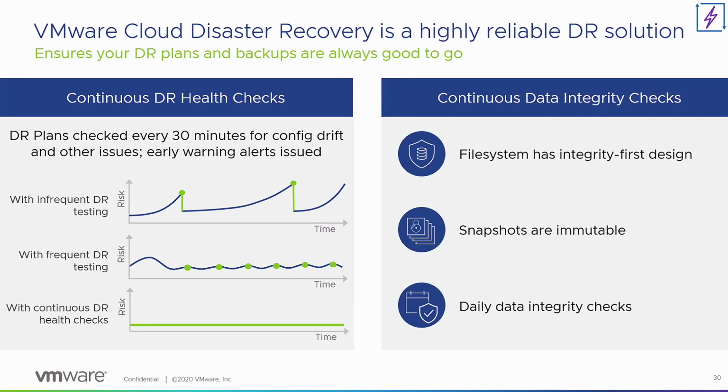When you do frequent DR testing, with a solution that allows you to do that quickly and reliably and with minimal complexity, the risk goes significantly down because the drift between two consecutive tests is smaller, right?